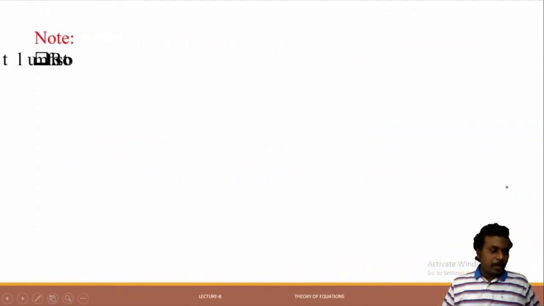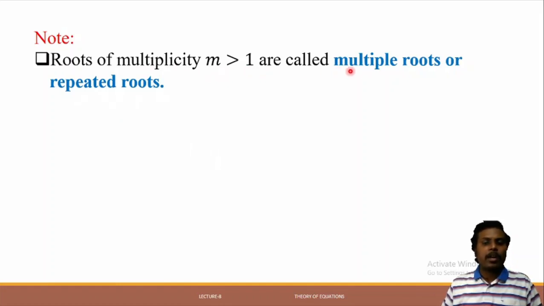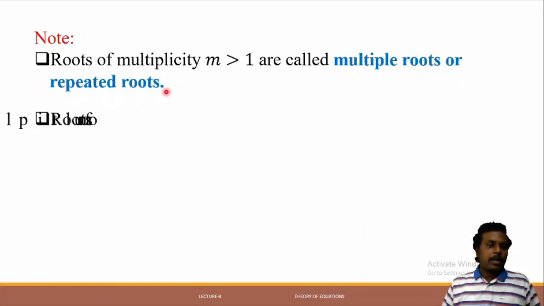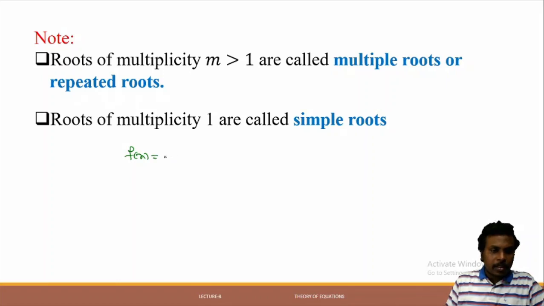Now here are some points. Roots of multiplicity m greater than 1 are called multiple roots or repeated roots. Okay, and the roots of multiplicity 1 are called simple roots. In the example which we have discussed just now, f of x is equal to x minus 1 whole square into x minus 2 whole cube into x minus 3.